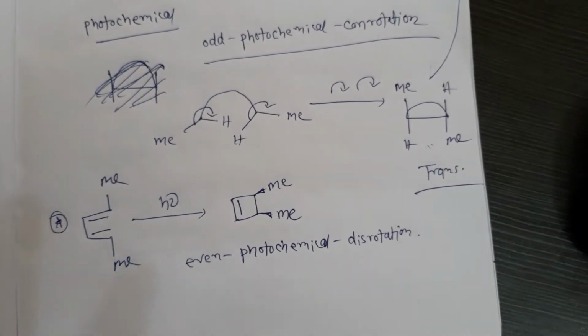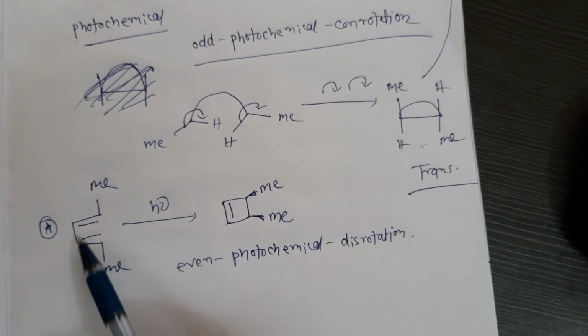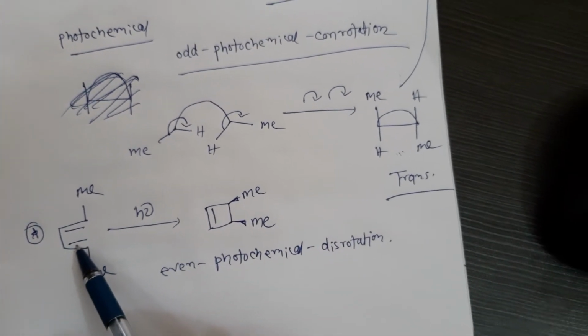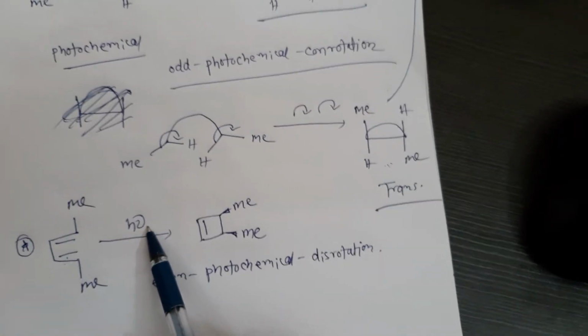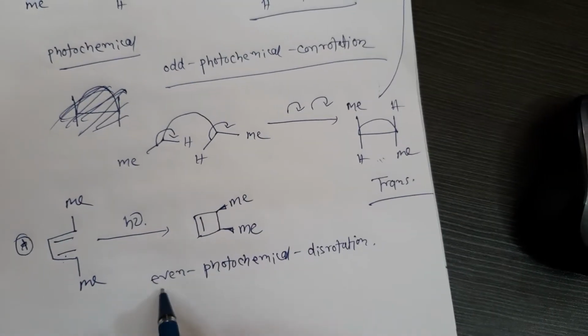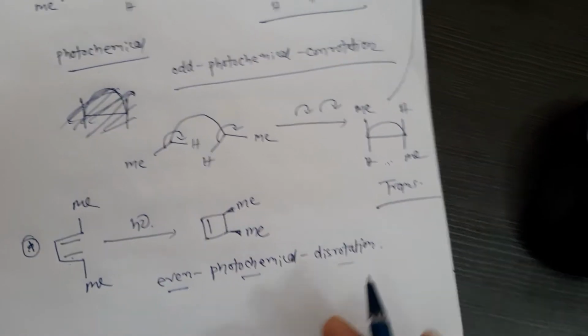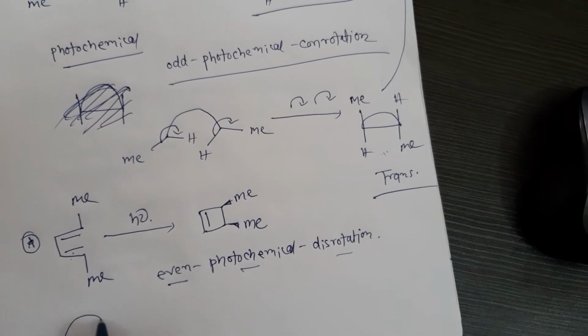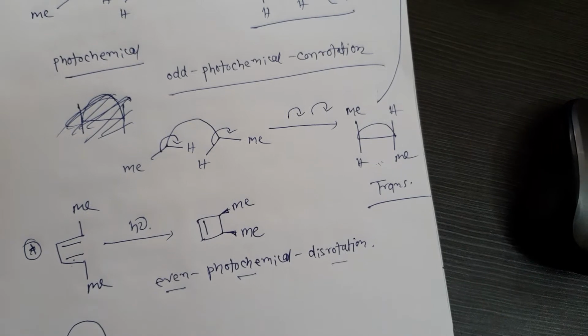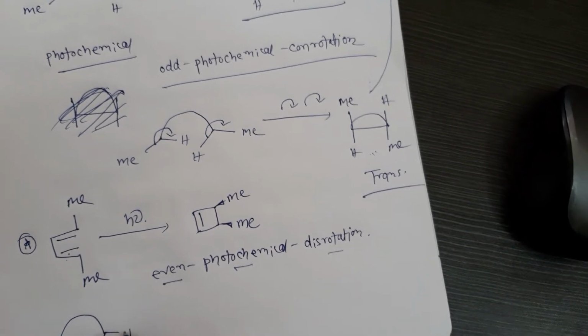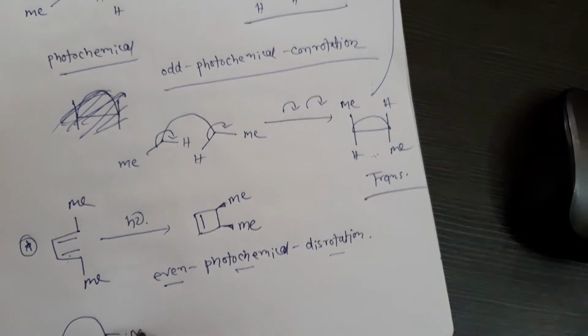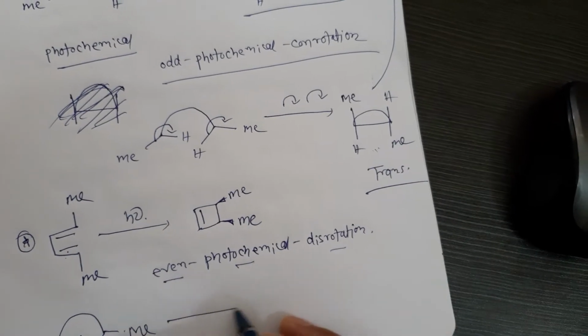First, to understand, here what number of pi electron pairs is present, and in presence of H nu, even photochemical, this rotation occurs. If we perform this rotation, here the methyl group is outside and hydrogen inside, and the methyl group is outside.